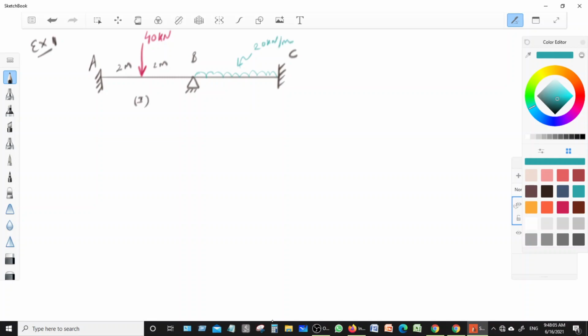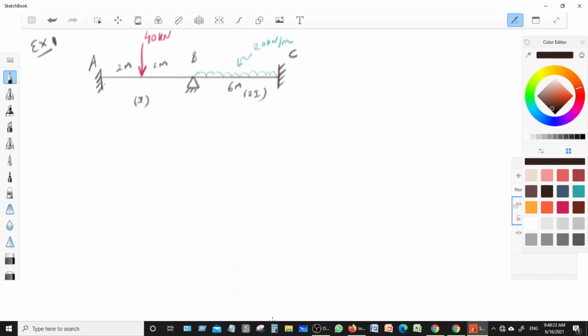The span of BC is 6 meter, and it has the moment of inertia 2I. Now, we want to find the moment at A, B and C, right?